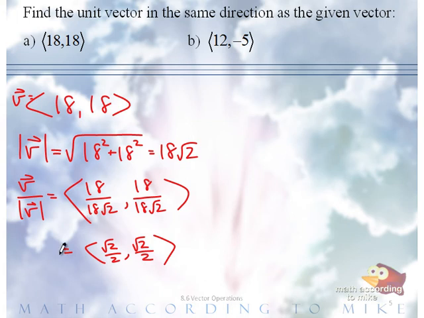Vector, we'll go vector W, look at that. 12, negative 5. What is the magnitude of vector W?